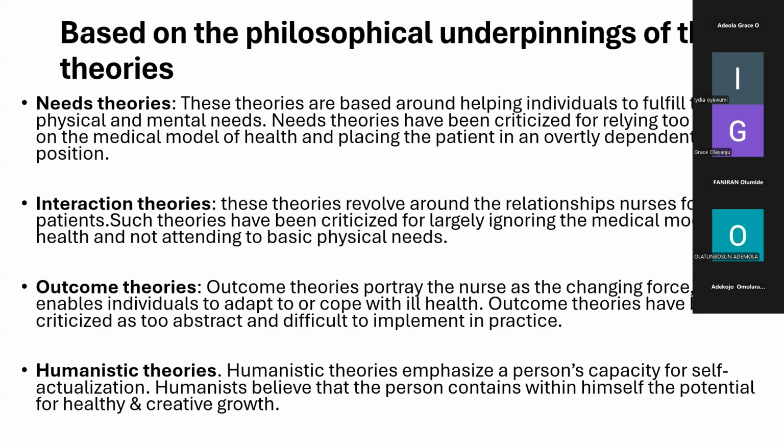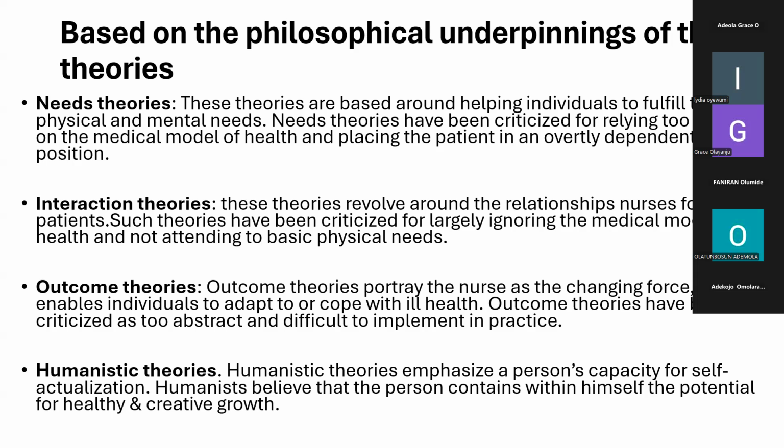Virginia Anderson. Anderson's 14 needs. Yeah, Anderson is also there. Another example, self-care model. That is Orem's self-care. Perfect. Abraham Maslow, sir.